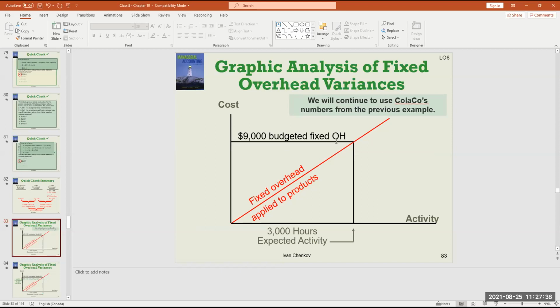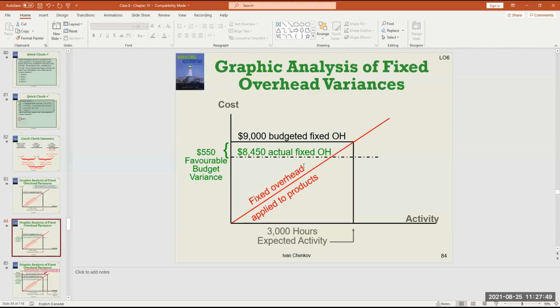For 9,000 budget overhead, we anticipated 3,000 hours. Right? But actual went down. So we have the favorable budget variance because we anticipated 9,000.